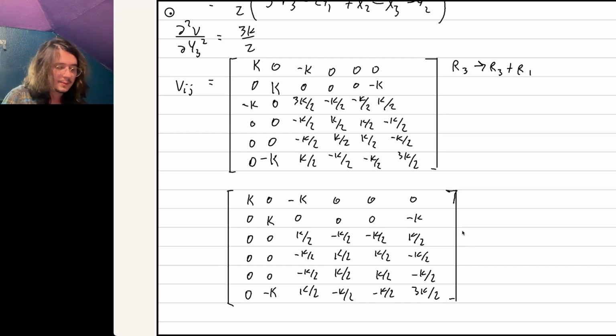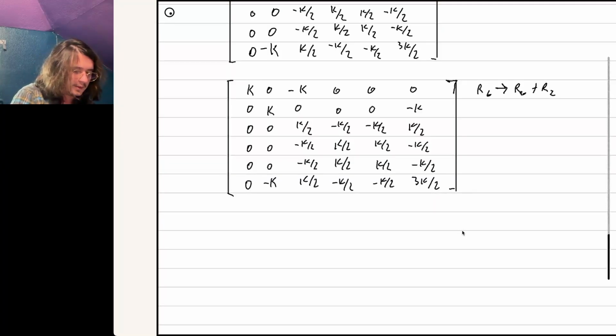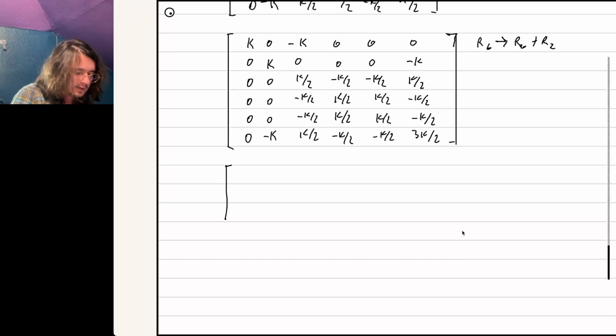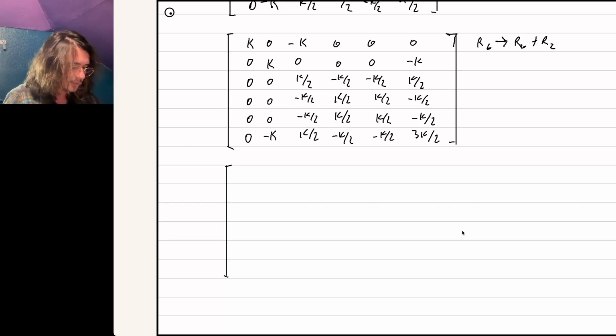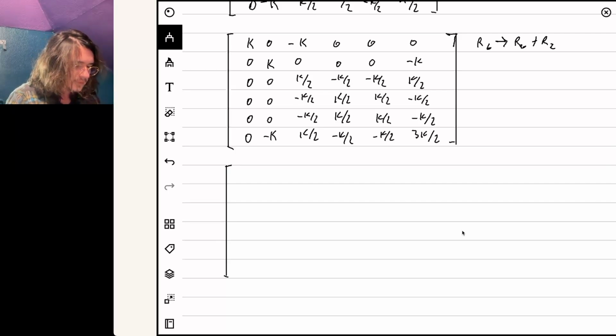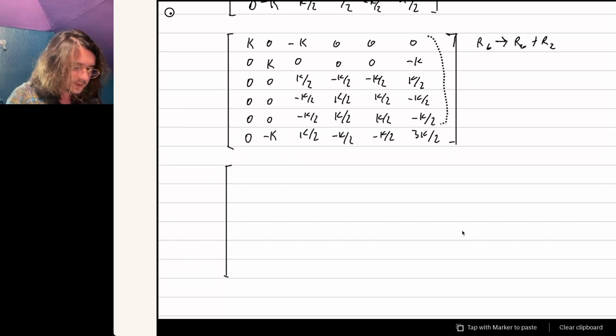Still only doing one operation at a time. Row 6 will go to row 6 plus row 2. Okay. Now that everything is aligned, I am just going to copy stuff down. The only thing that's changing is row 6.